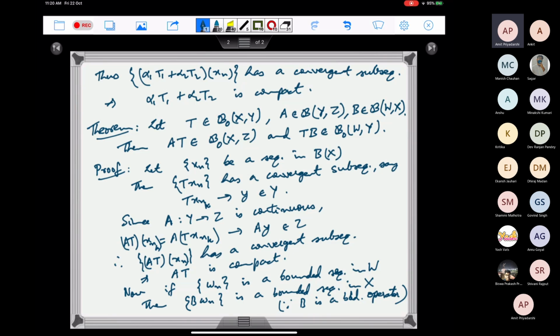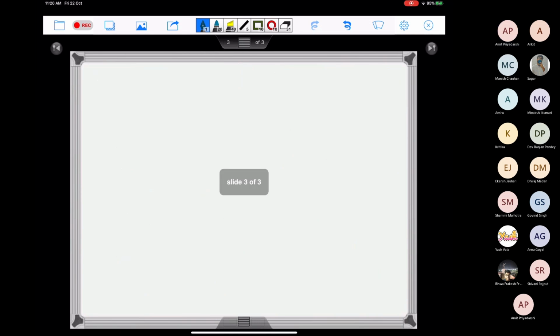So if w_n is a bounded sequence, its image will be a bounded sequence. And now we have a bounded sequence in X, and T is a compact operator. So if you have any bounded sequence, then its image will have a convergent subsequence.